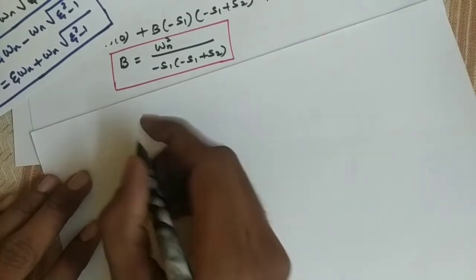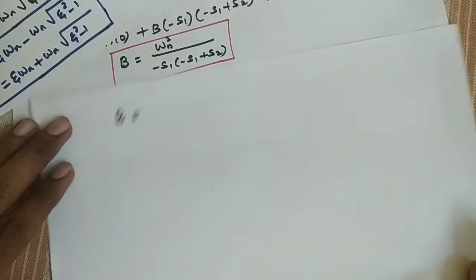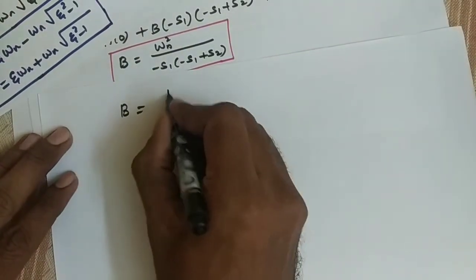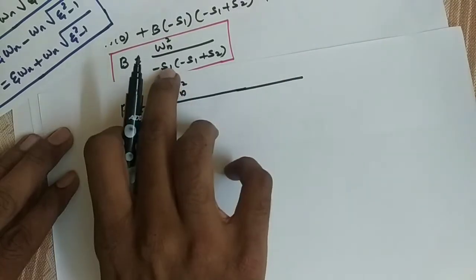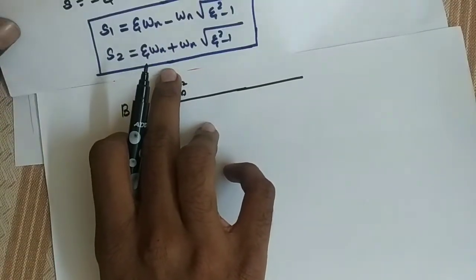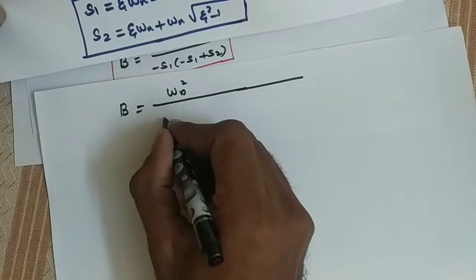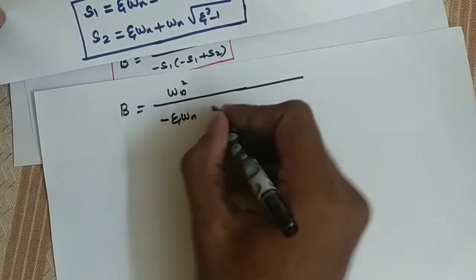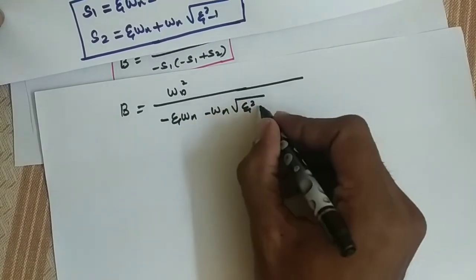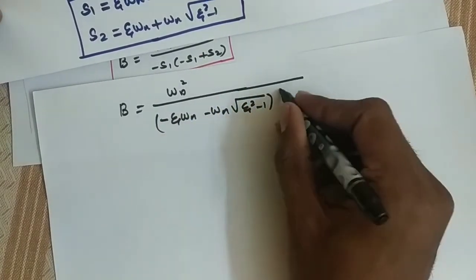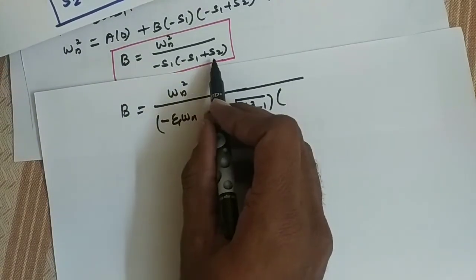Okay, so B is equal to, I think it is visible, omega n square divided by minus S1. Minus S1 is nothing but minus of this term, is it not? So minus eta omega n minus omega n root of eta square minus 1. Similarly, minus S1 plus S2.